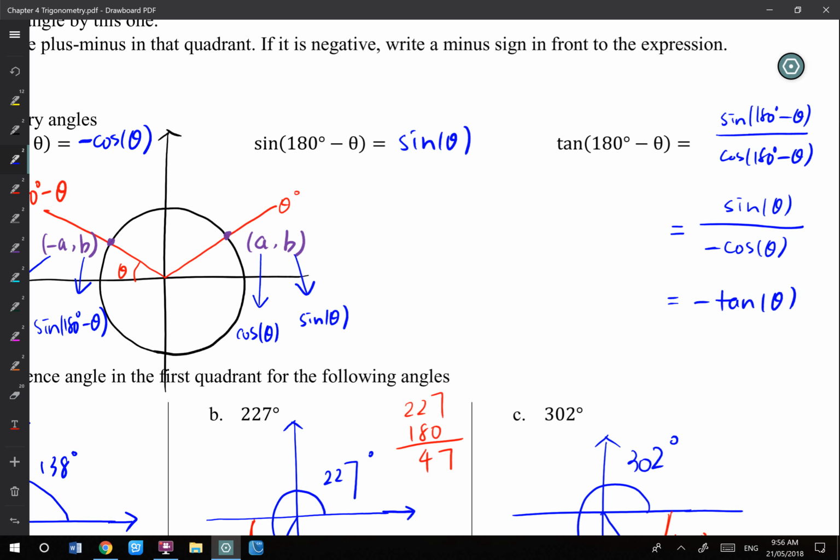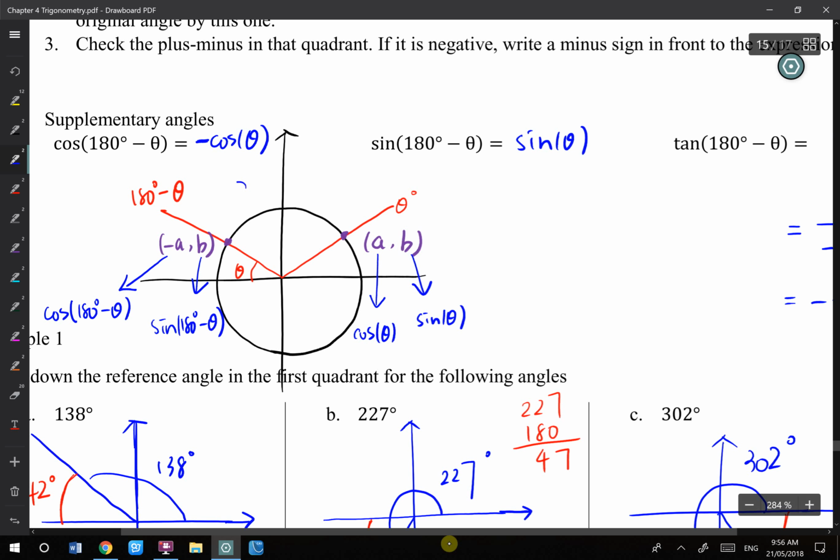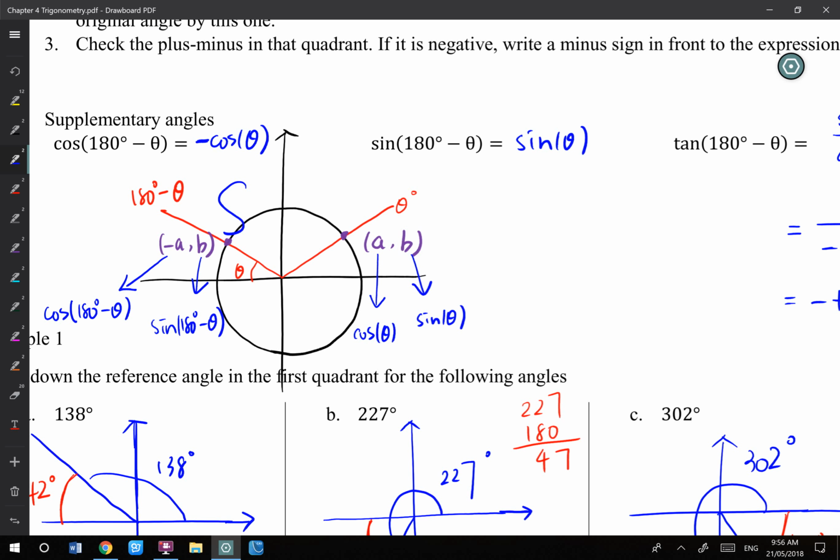But let's think: why is sine of 180 minus theta positive? Do you remember CAST? Which quadrant is this one? S, right? It's the sine quadrant. That's why the sine remains positive and cosine and tangent become negative. Only sine is positive in this quadrant.